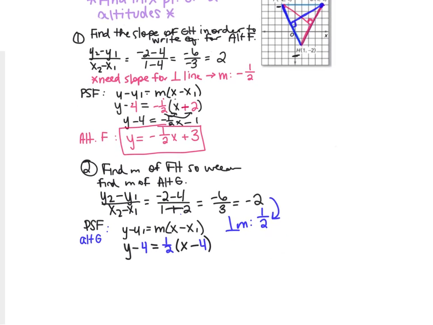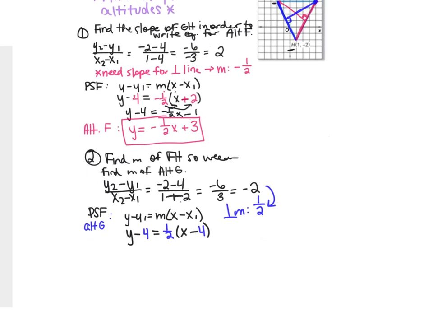Right? So just like we did before, simplify it out. We get y minus 4 is 1/2 x minus 2. Right? Again, this is stuff you guys have all done before. I know it's a lot. Right. And then last step, the altitude equation of G is y equals 1/2 x plus 2.